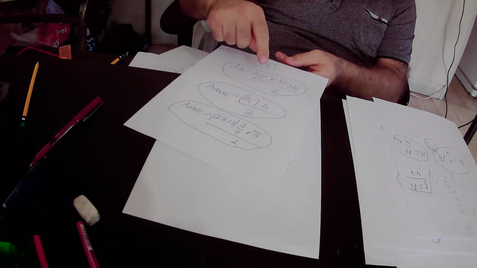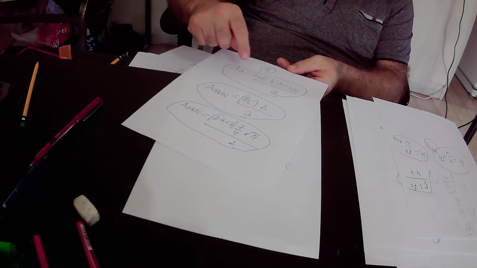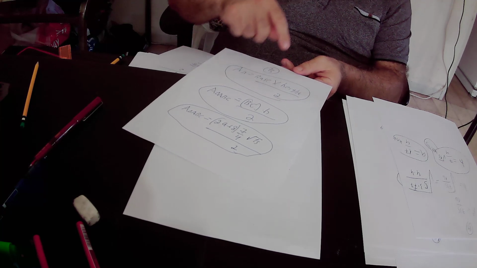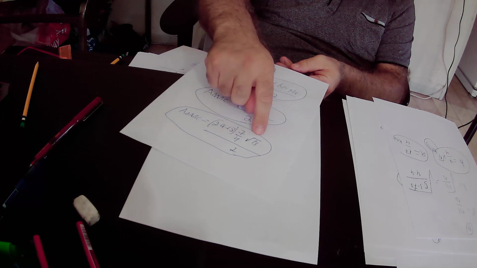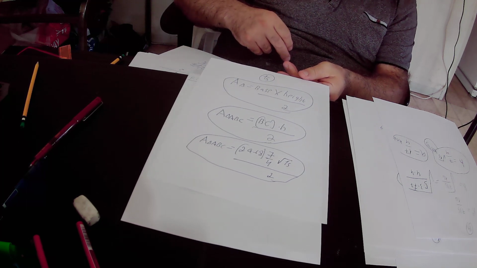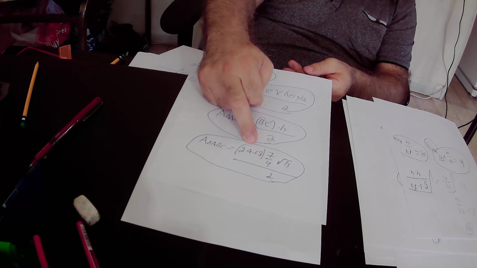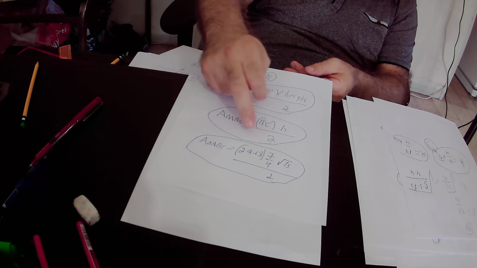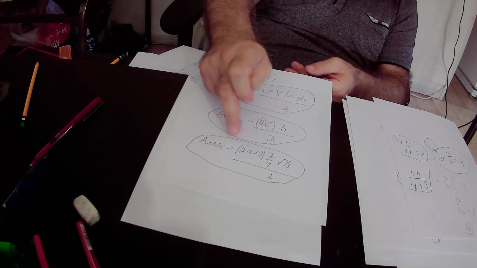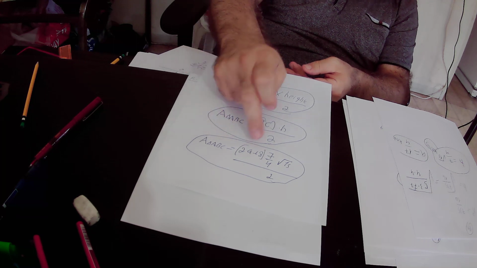And we know that H equals 7 over 4 times root 15, and we have already found out that A equals 17 over 4 units. So we have all the values in order to find the area of triangle ABC.